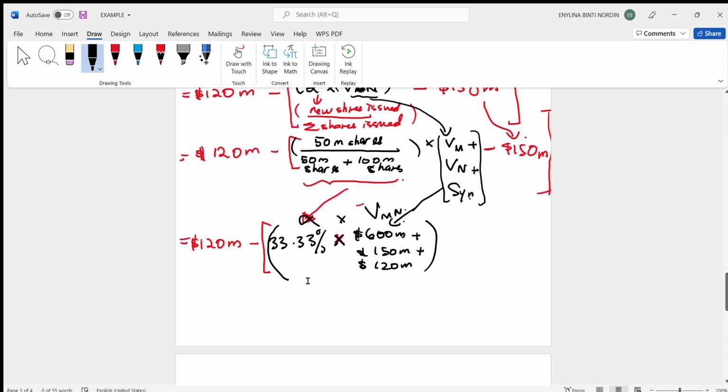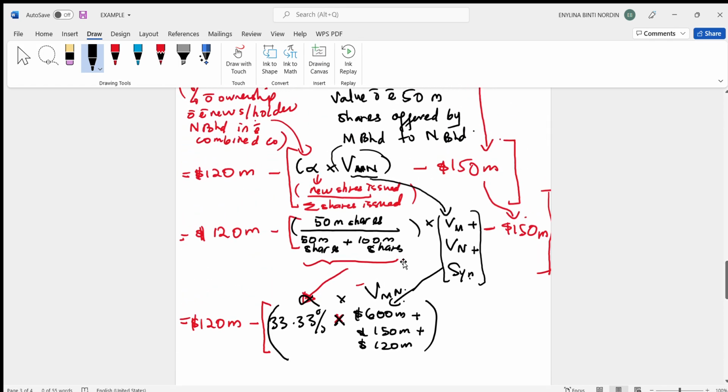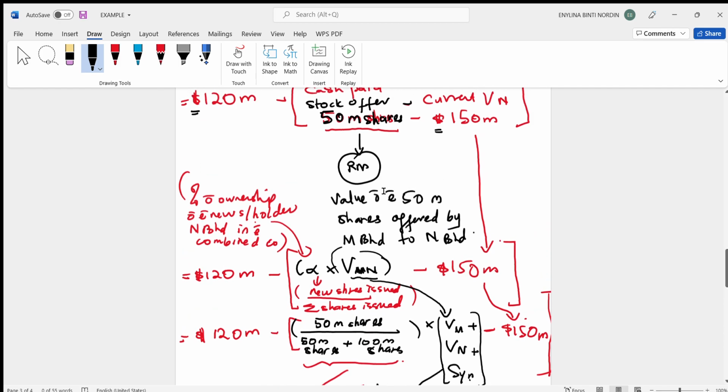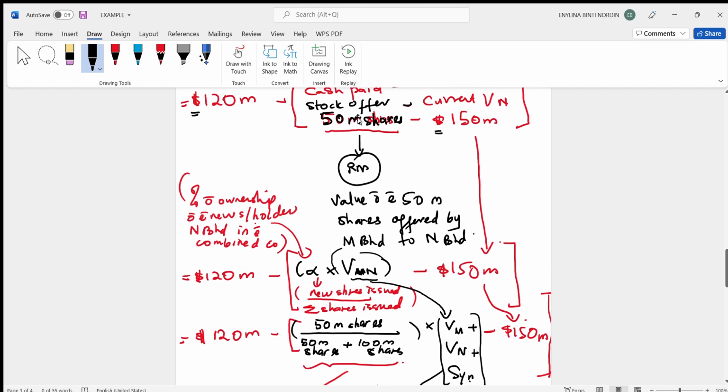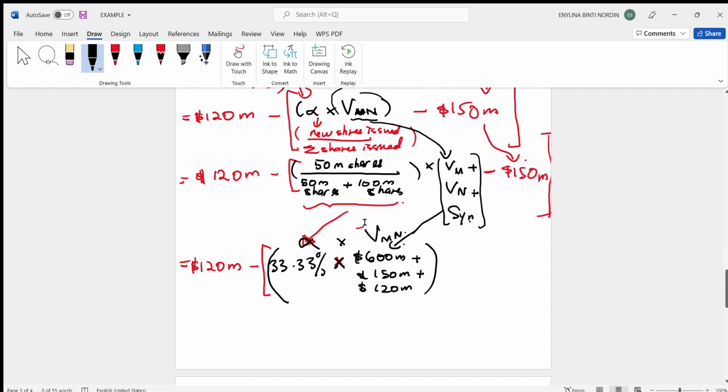We use this formula for calculating the value of these 50 million shares. And then don't forget again to minus the current value of the target firm, because we want to know the premium, not only the cost of the 50 million shares.